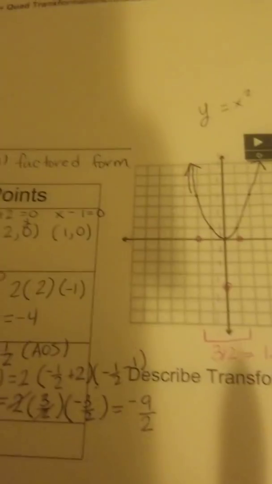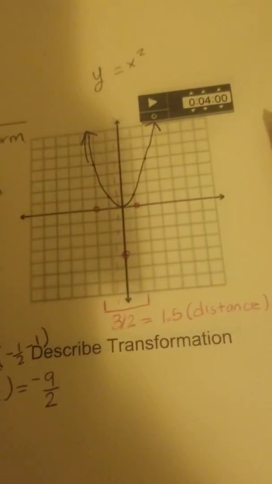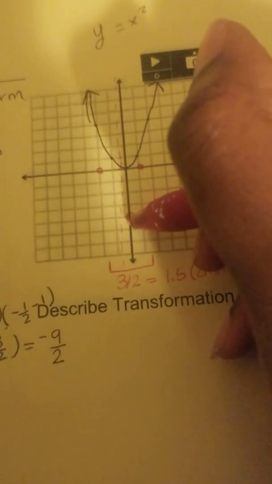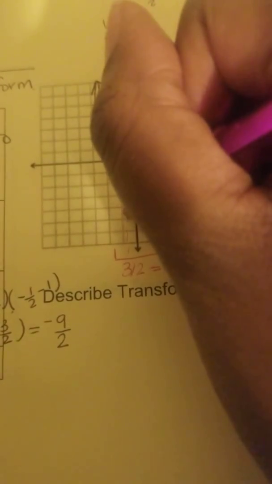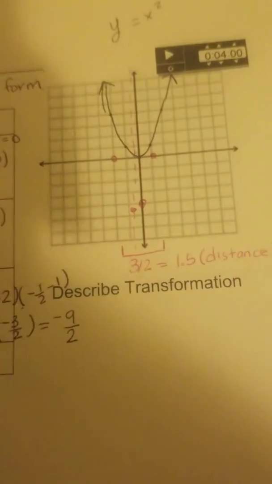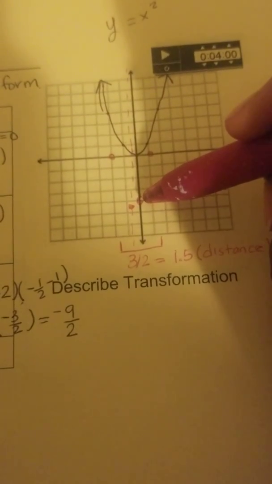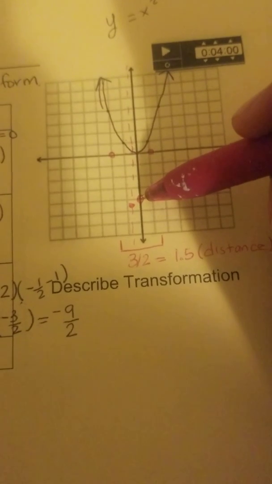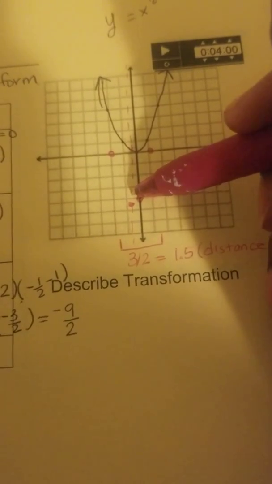So when I come over here to plot my vertex, I know 0, -4 is my y-intercept, so I'm going to go down just a half space. And my vertex will be at -1/2, -4.5. To find a fifth point, I am going to figure out the point that's symmetric to the y-intercept. So the y-intercept is half a space over from the AOS.